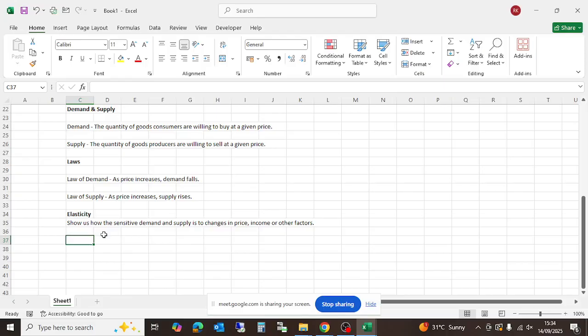That's what we call cross elasticity. Because the price of a particular product has gone up, the demand has shot up for another product which is used for almost the same purposes.